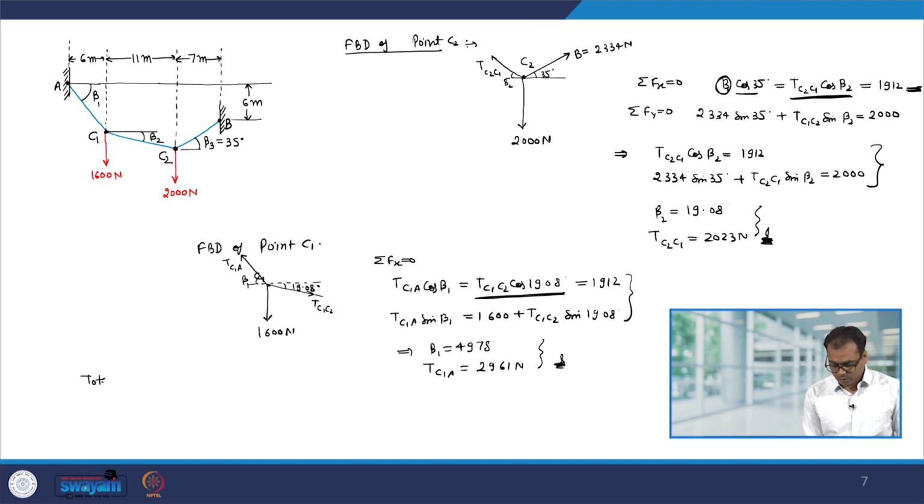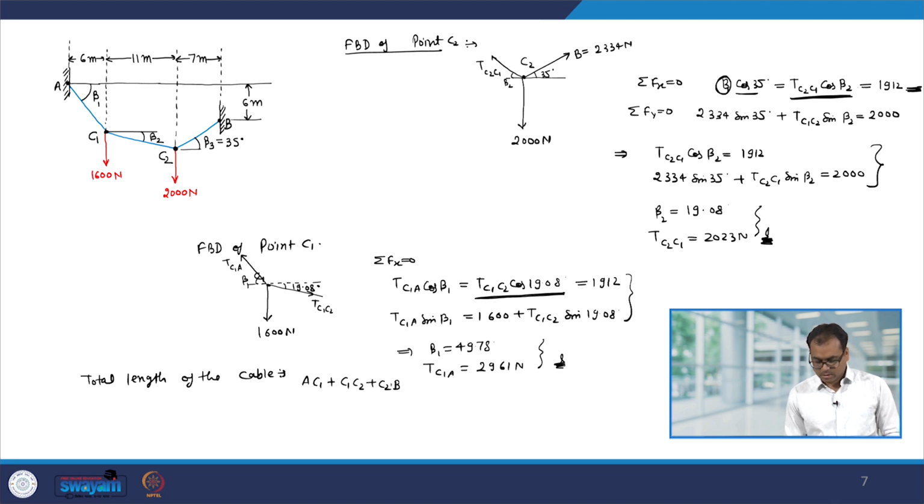Now, let us find out the length of the cable. So, we have to find out what is the total length of the cable. So, total length is A C1 plus C1 C2 plus C2B. Okay. Now, the horizontal lengths are given, angles we have found out. So, we can find out what is AC1.